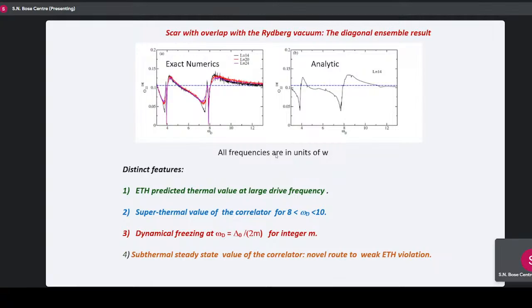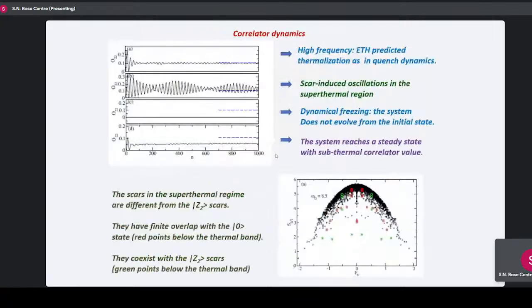Driving the system at a particular frequency simply doesn't allow a matrix element which connects to any other state from this Rydberg vacuum. And then there are these regions where the steady state value of this operator is half thermal, which is something you usually do. So I'm not going to describe this in detail, I'm going to refer to the work, where the reason for all of this is given.